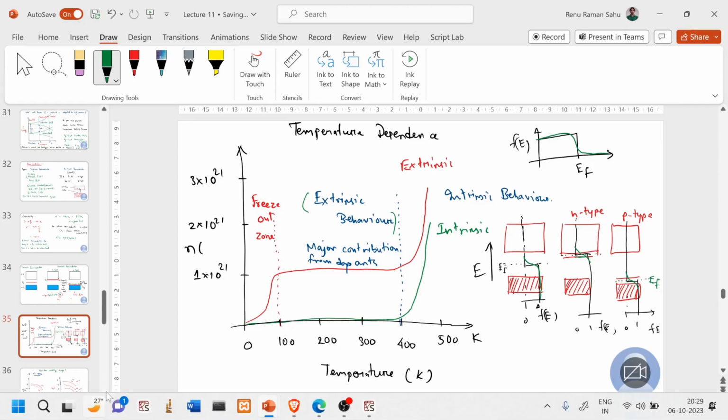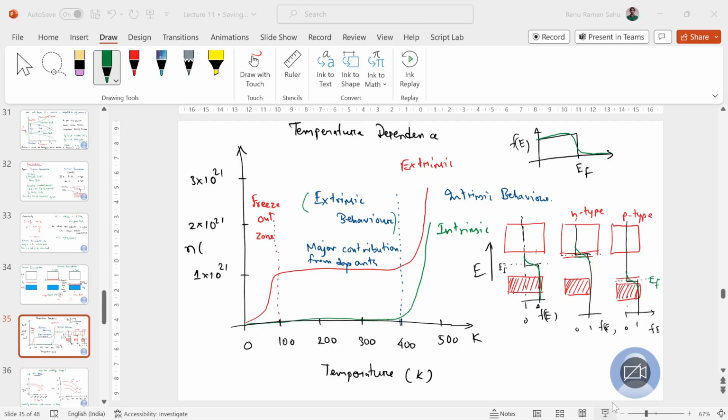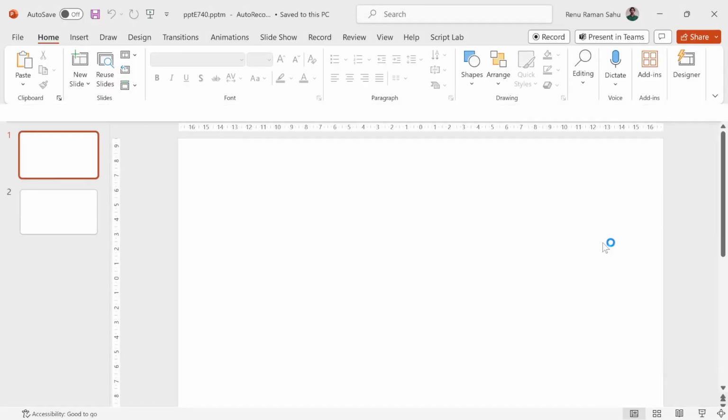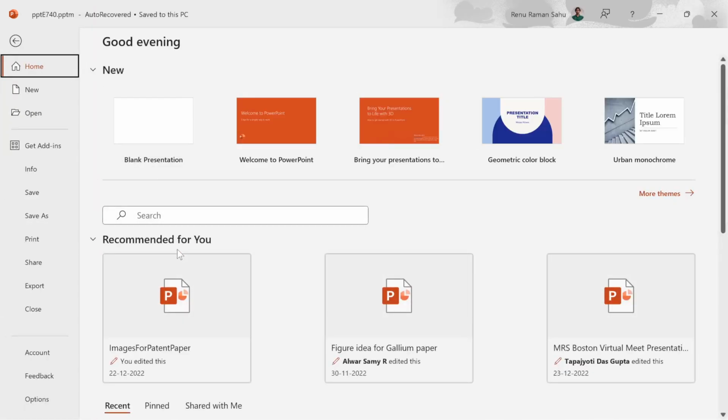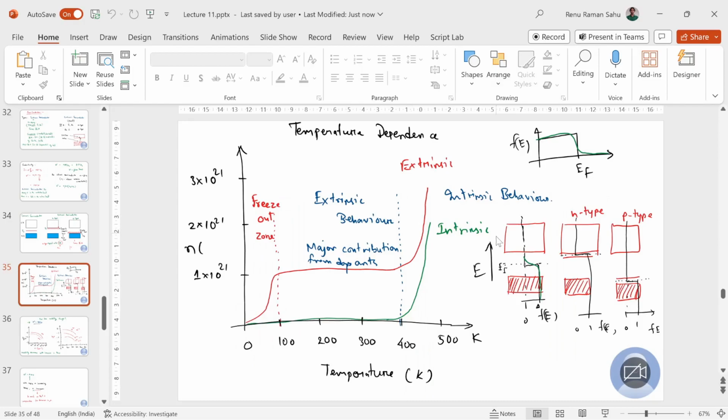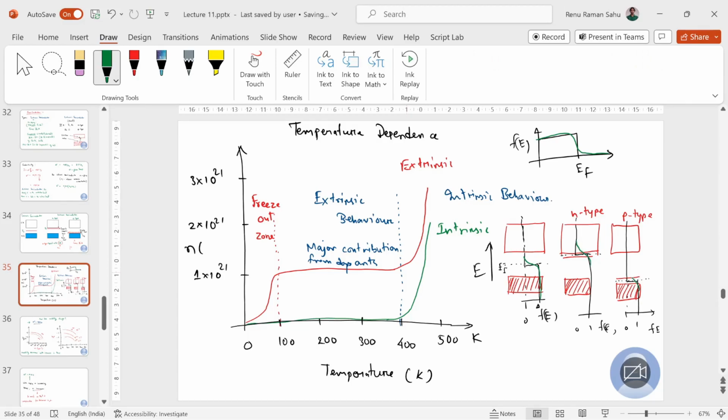So if you follow this red curve here, what is happening is, if you increase the temperature, you will have some carriers in the immediately next band, and your carrier concentration will increase till a certain point. So it is increasing as you increase the temperature.